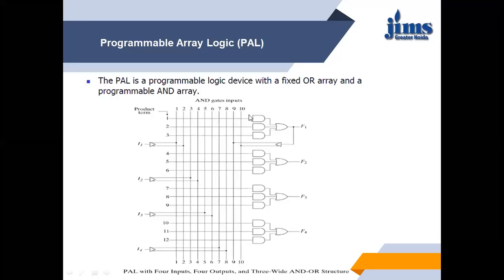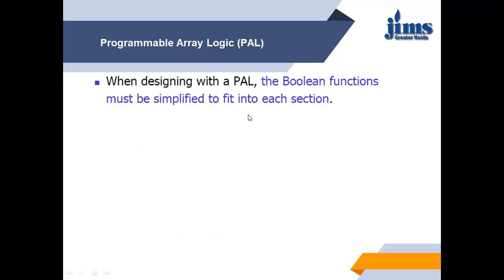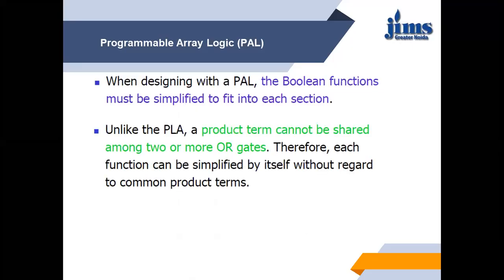Now when dealing with a PAL, the Boolean functions must be simplified to fit into each section. Unlike the PLA, a product term cannot be shared among 2 or more gates.